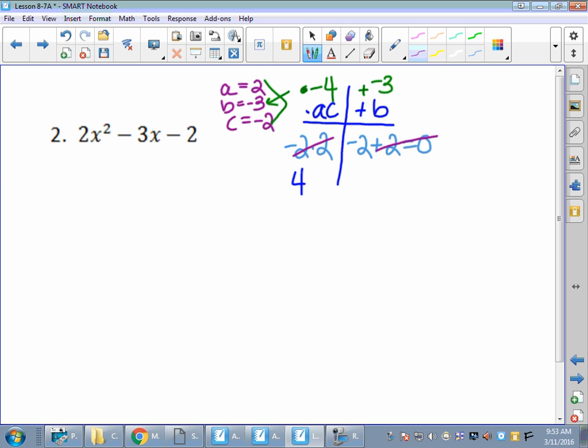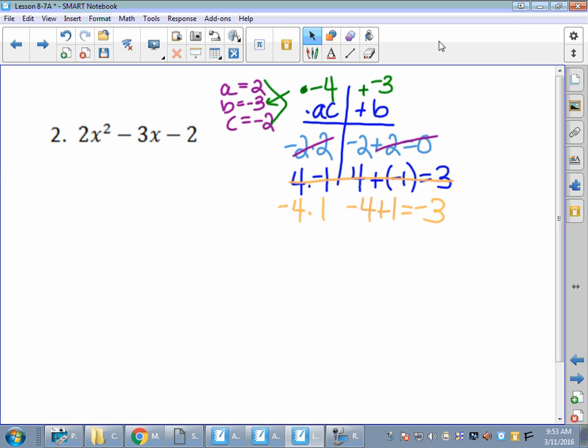How about 4 times negative 1? Well, 4 plus negative 1 is 3. So we're so close, it needs to add up to negative 3. So what could I do to make this add up to negative 3 instead of positive 3? Negative 4 times a positive 1. So negative 4 plus 1 equals negative 3. So I know that I have got my correct product sum table numbers.